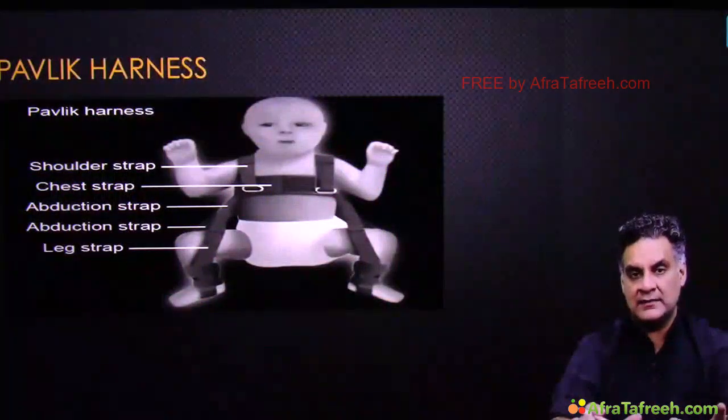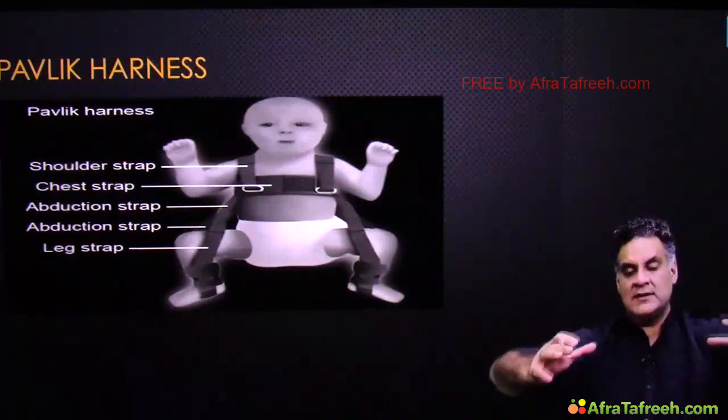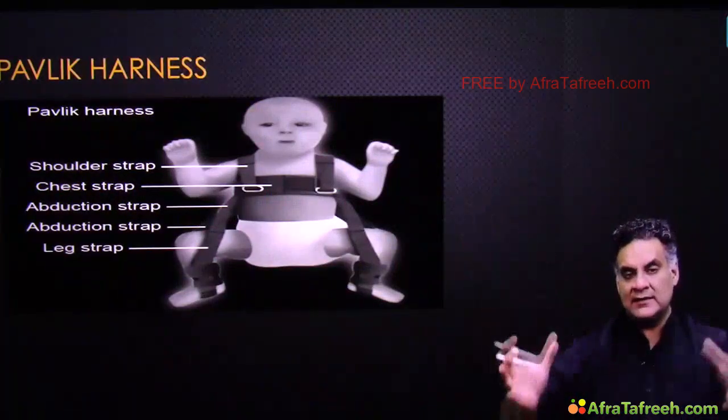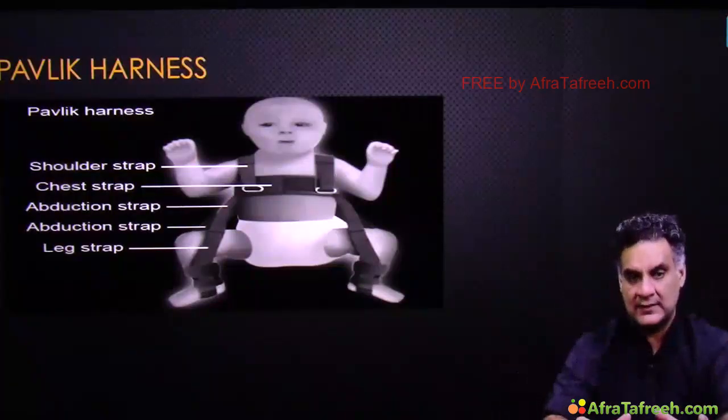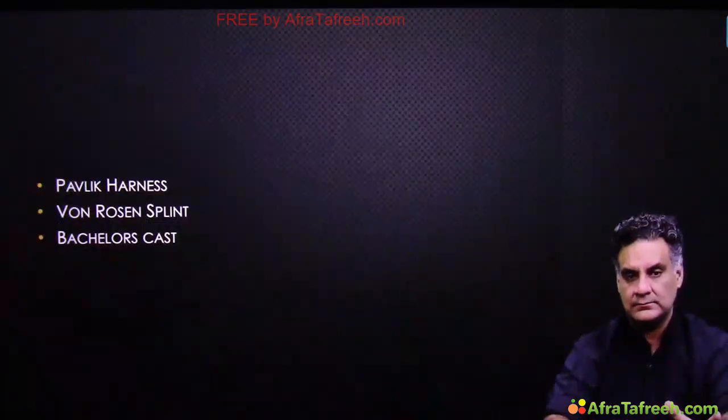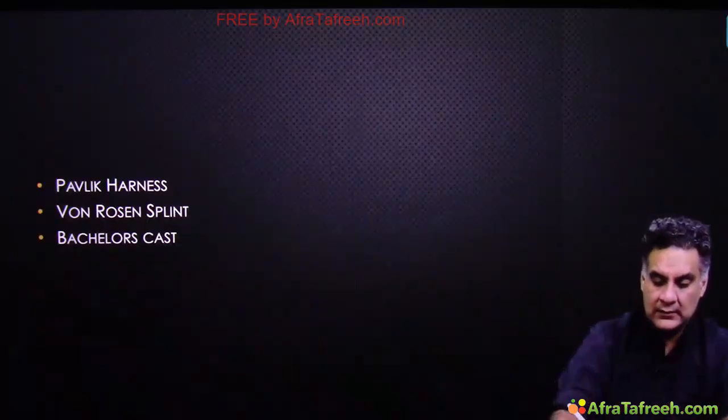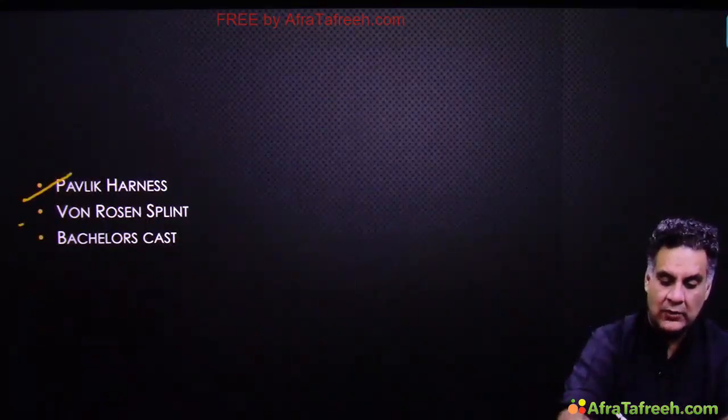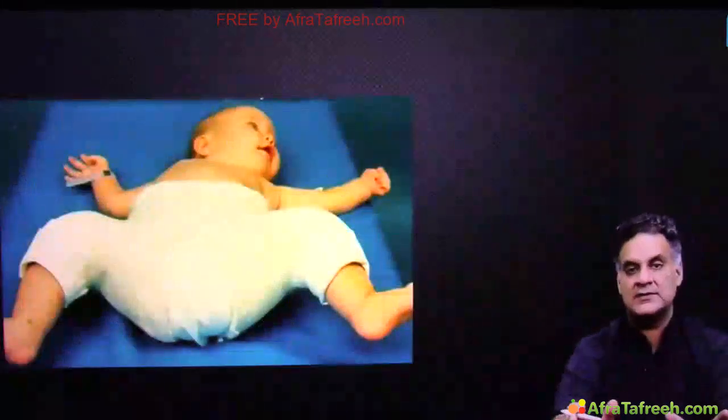This is a harness in which you maintain abduction and flexion of the hip, so the head stays inside the acetabulum. It is called a Pavlik harness, used in DDH. So at birth, you can use a Pavlik harness, von Rosen splint or a backslab cast in DDH.